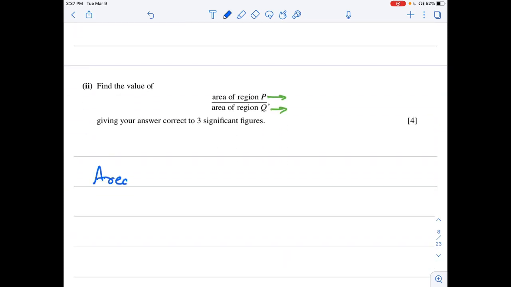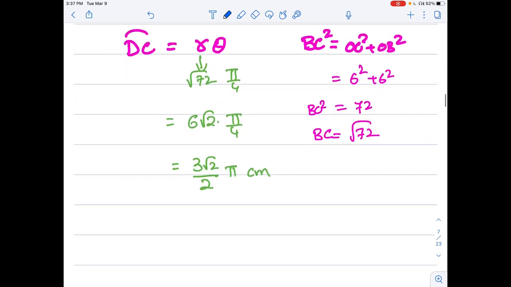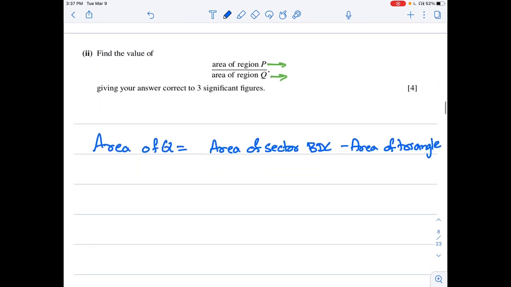So area of Q will be area of sector BDC minus area of triangle. The name of the triangle is OBC. So area of a sector is half r squared theta minus area of a triangle, which is half times base times height.